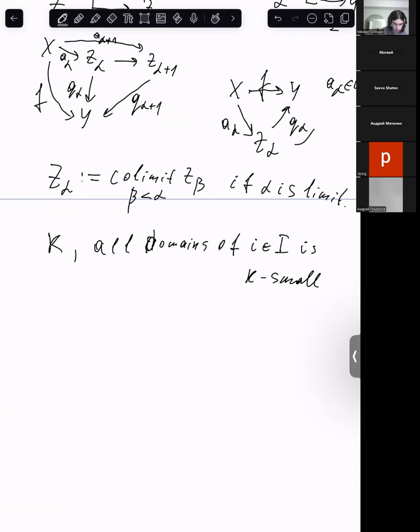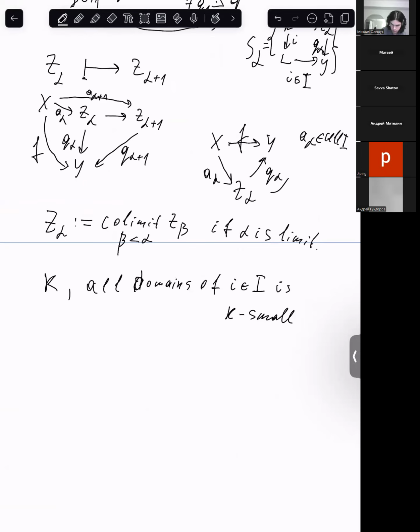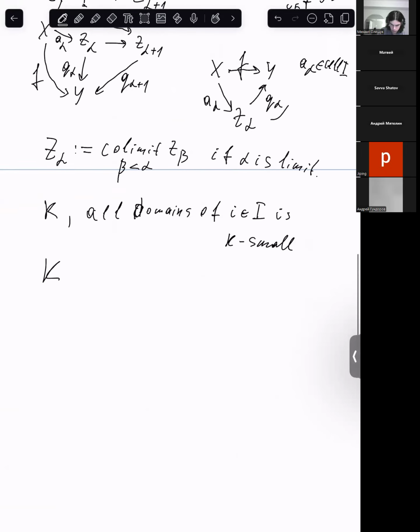So we want to show that for every commutative square of this type, we have a lifting.